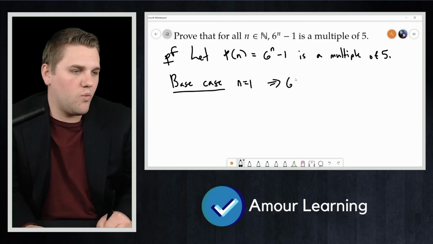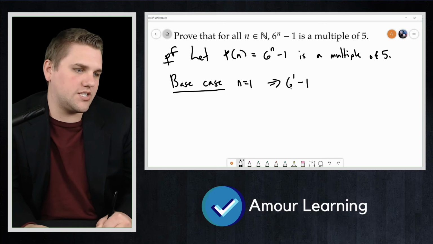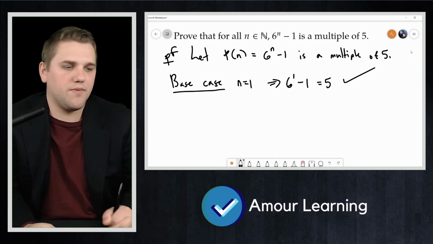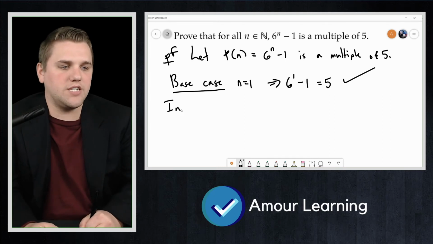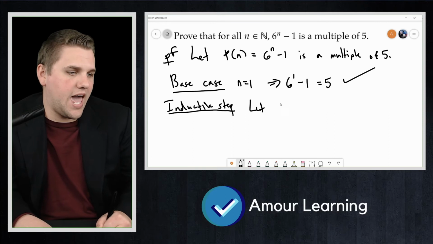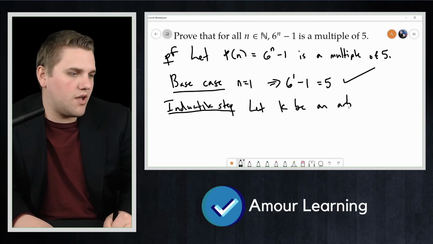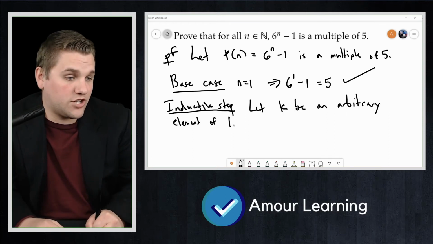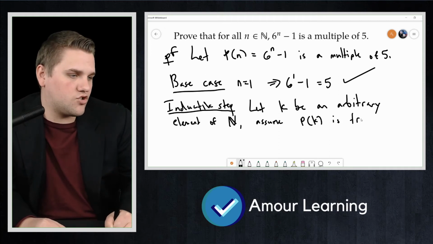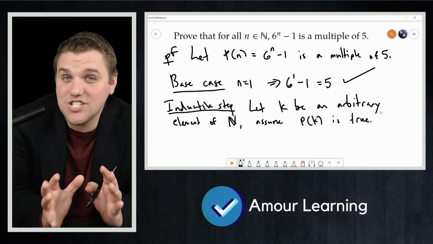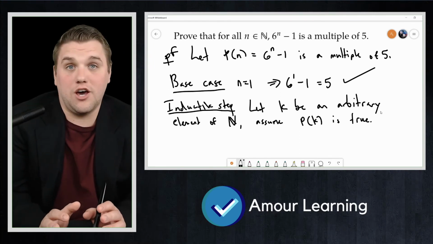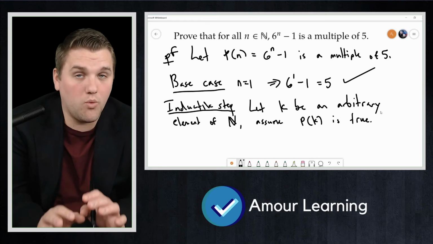We already did this. We already checked that 6 to the 1 minus 1 is a multiple of 5. So that's good. Let's work on the inductive step though. We're going to let k be an arbitrary element of the natural numbers, and we're going to assume P of k is true. Now, again, that does technically kind of look like we're assuming the conclusion here, but that's not quite what we're doing.